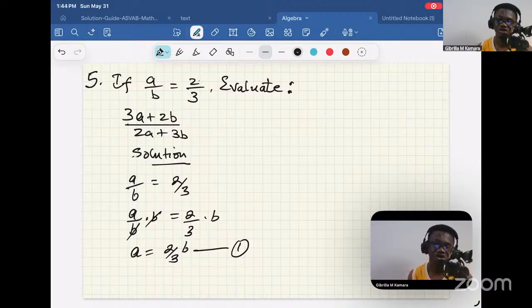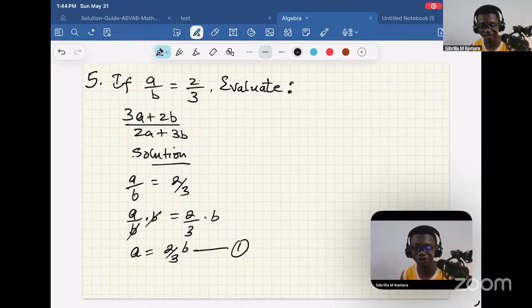All you have to do is substitute that equation into the expression and you will get the same answer.